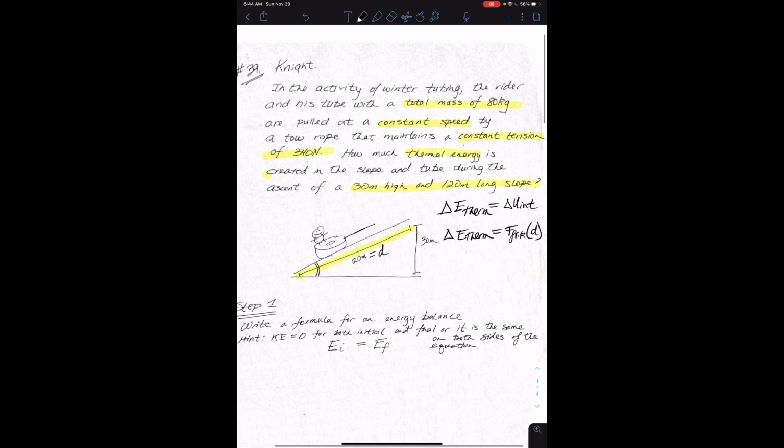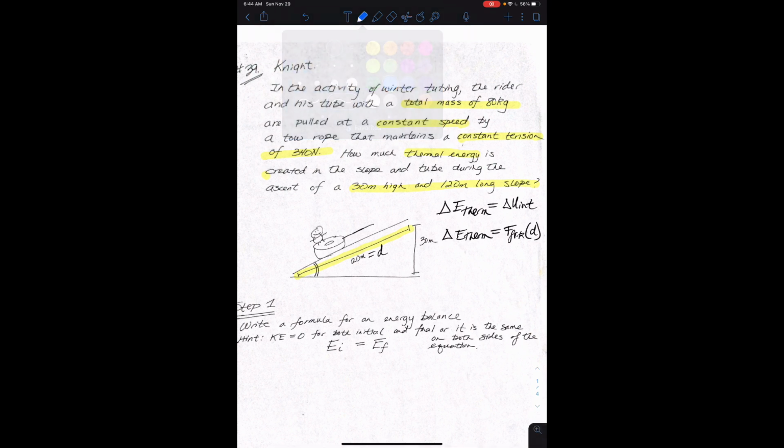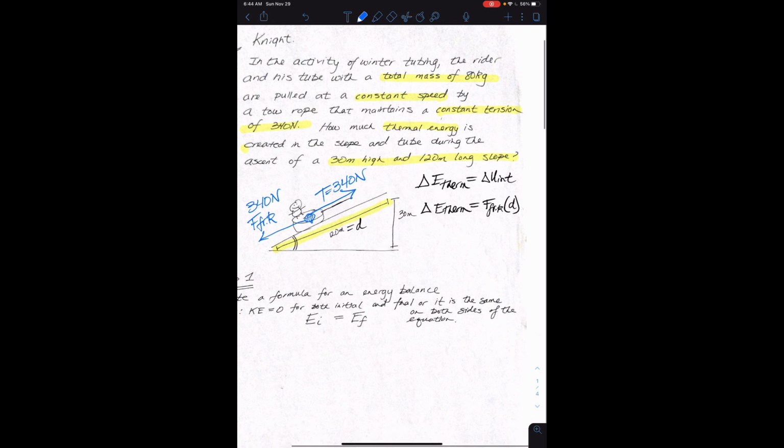I think what students want to do, or the first time I attempted this problem, I was like, okay, there is a constant tension, which is equal to 340 newtons. And since the tube isn't speeding up, there has to be an opposing force, which is force friction kinetic, equal to 340 newtons. Pretty simple, but this is wrong.